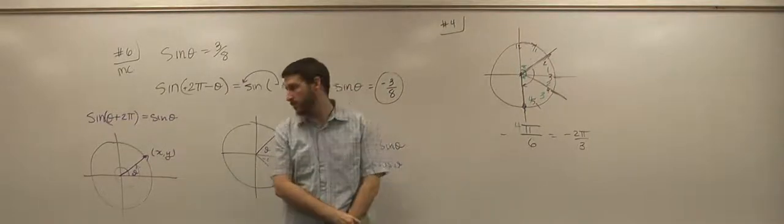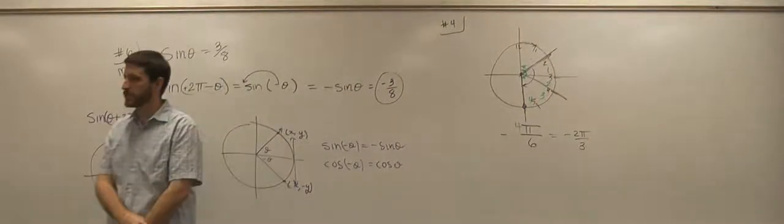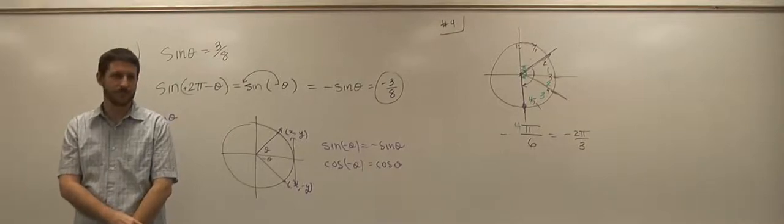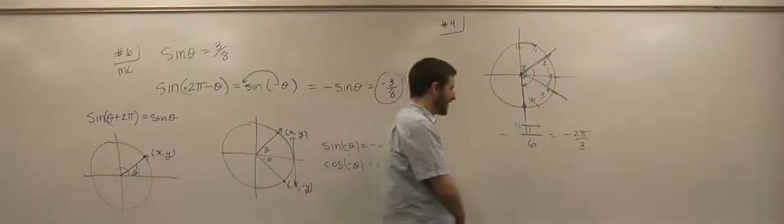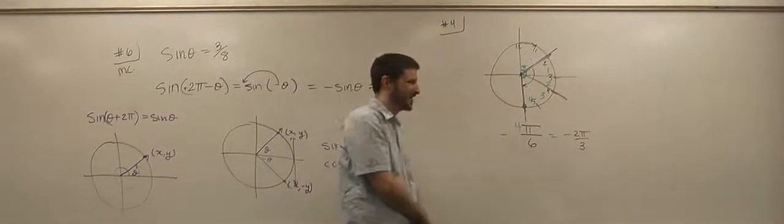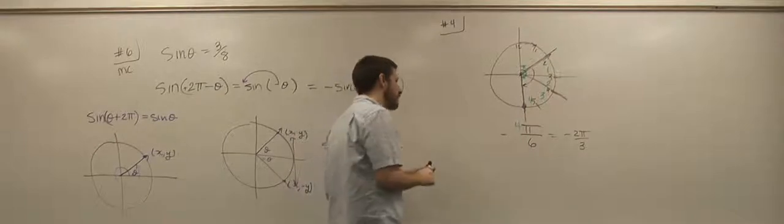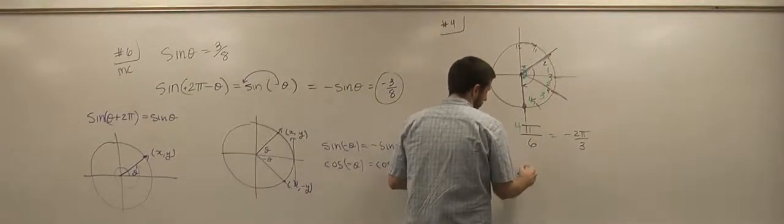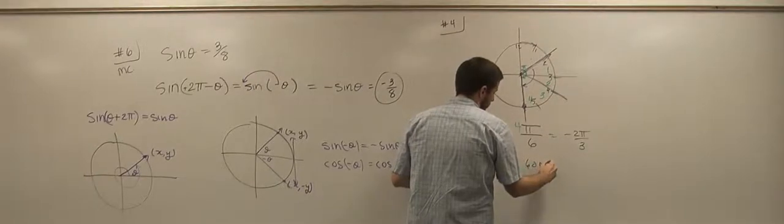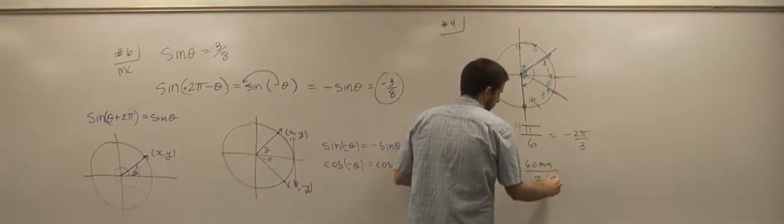Does anybody do it with ratios or proportions? That's too smart for you? Okay. You can probably set up a proportion like, in 60 minutes you go 2 pi radians, right?